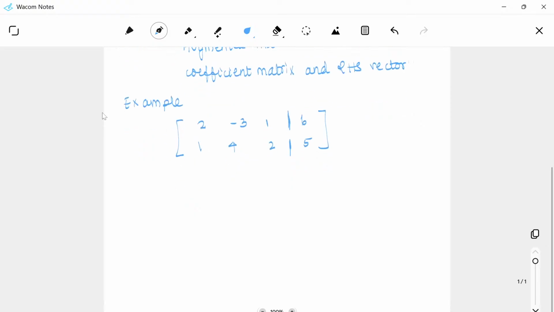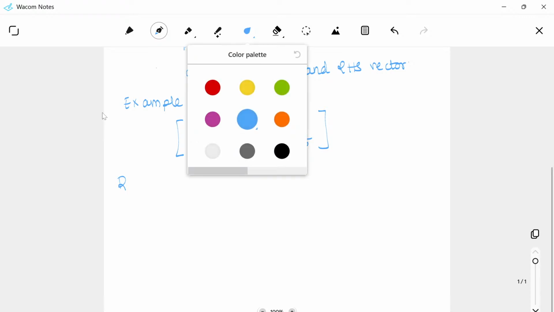Okay, now the row operations, let us talk about the row operations.